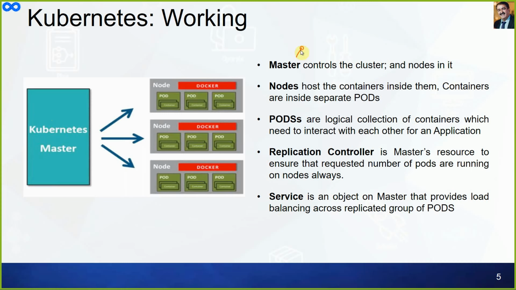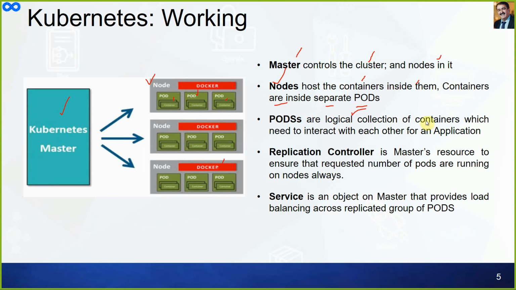The master controls the cluster and the nodes in it. This is the master which will control the nodes and everything, where we have the container management system running. The nodes host the containers inside them, and containers are inside separate pods. Like this is the pod, this is the pod, these are all pods.